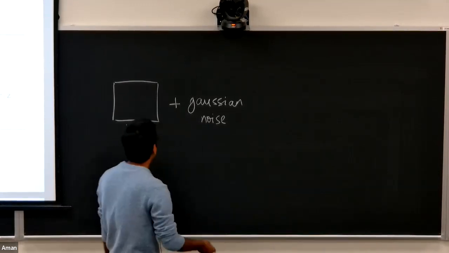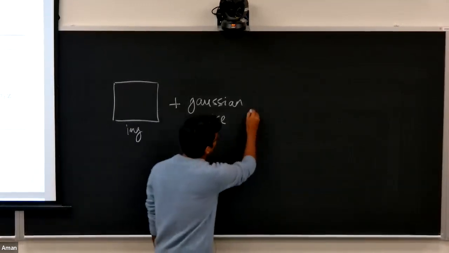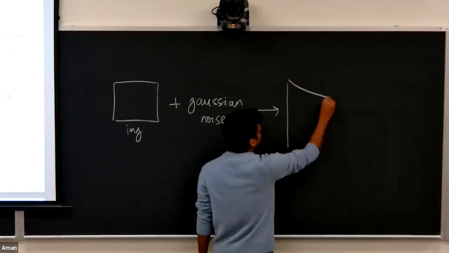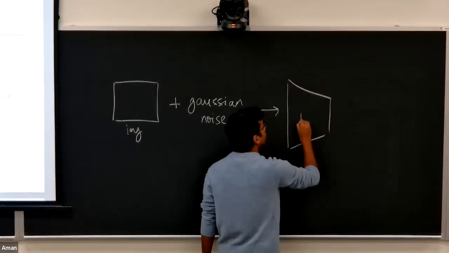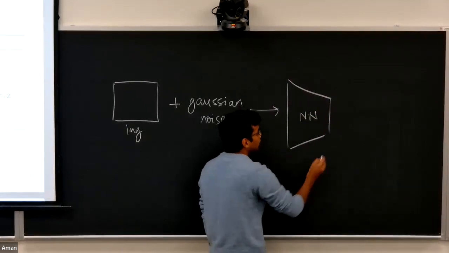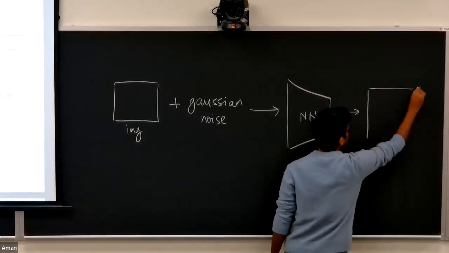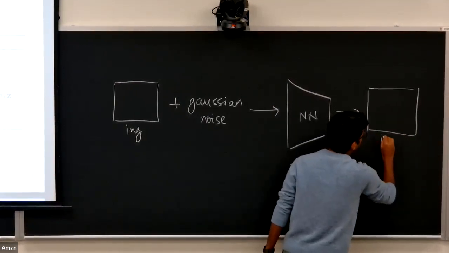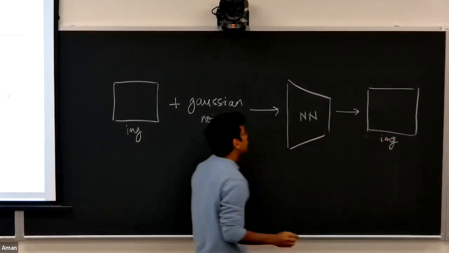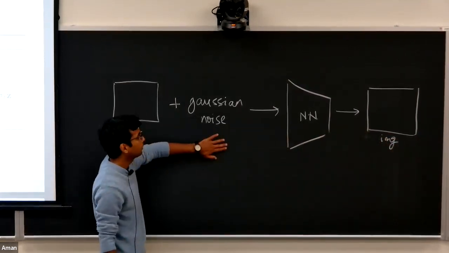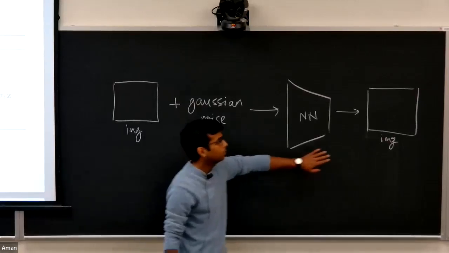So given an image with some Gaussian noise, if you pass it to, let's say, a denoising neural network model, what this should give you is just the image back, right? So it should remove all the Gaussian noise and you get the image back.